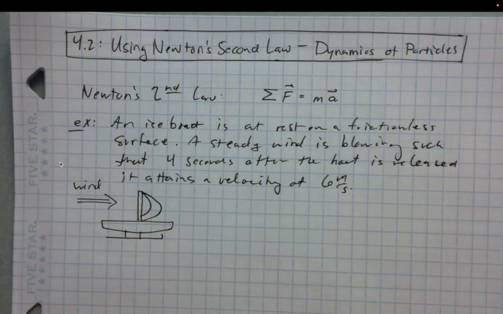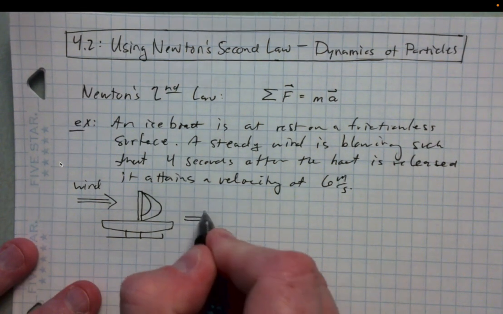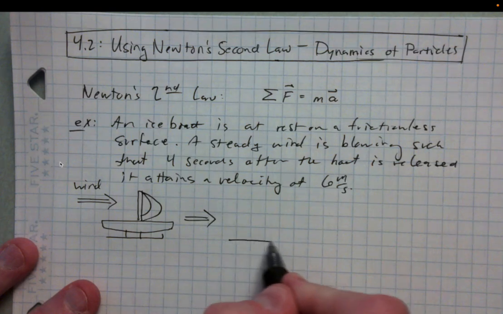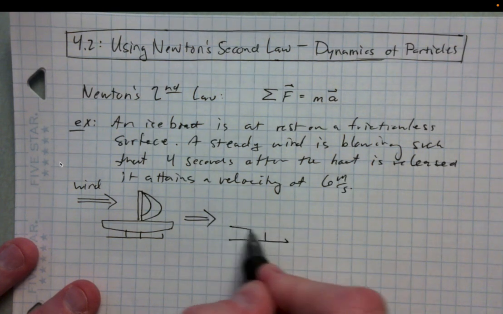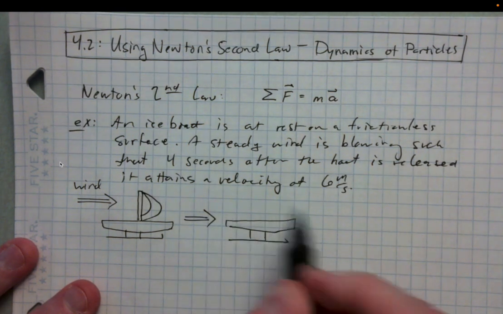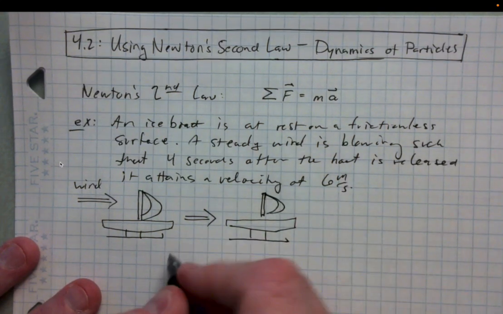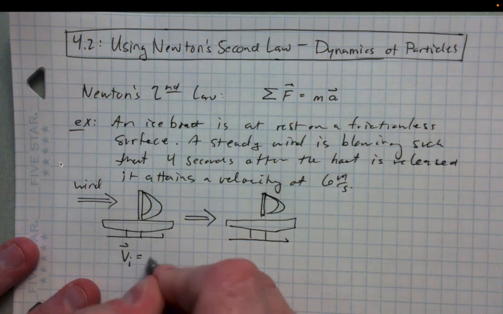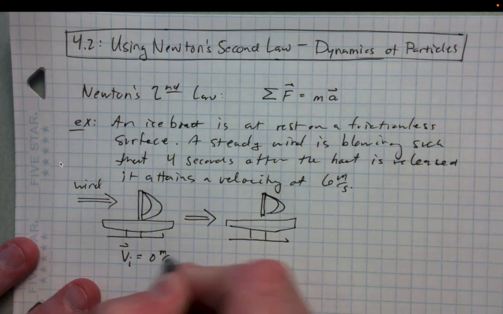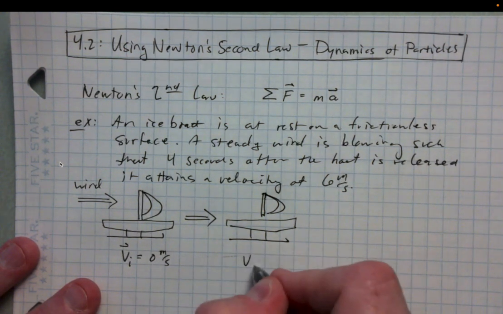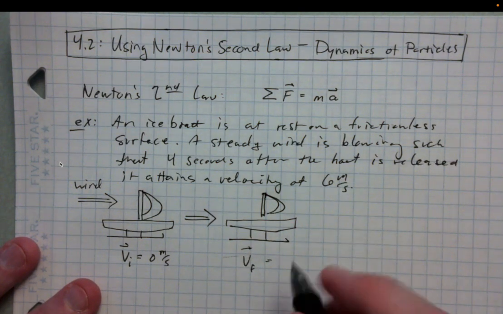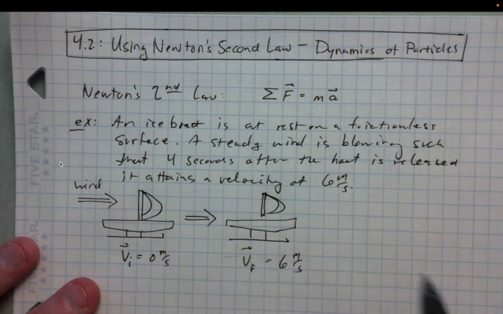And the wind pushes it, and initially it's at rest, but then 4 seconds later, the boat is traveling at 6 meters per second. So it starts out at rest, 0 meters per second, and its final velocity 4 seconds later is 6 meters per second.